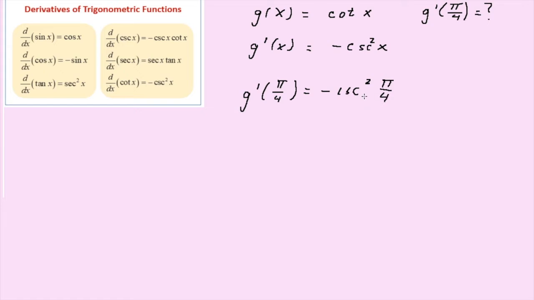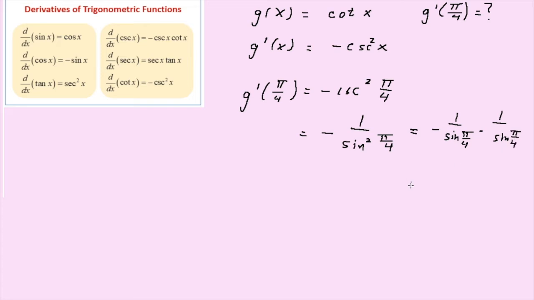This is quite difficult to evaluate using a calculator, so it's much easier to rewrite this as negative 1 over sine squared pi over 4. Then what negative 1 over sine squared pi over 4 really means is negative 1 over sine pi over 4 times 1 over sine pi over 4.